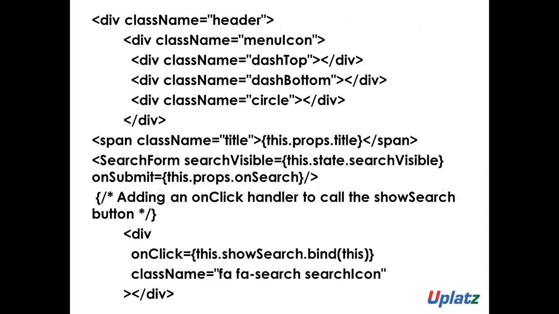In the render, I'm just returning a div with className header-menu-icon-top-bottom. Also inside the span, I'm making the title.